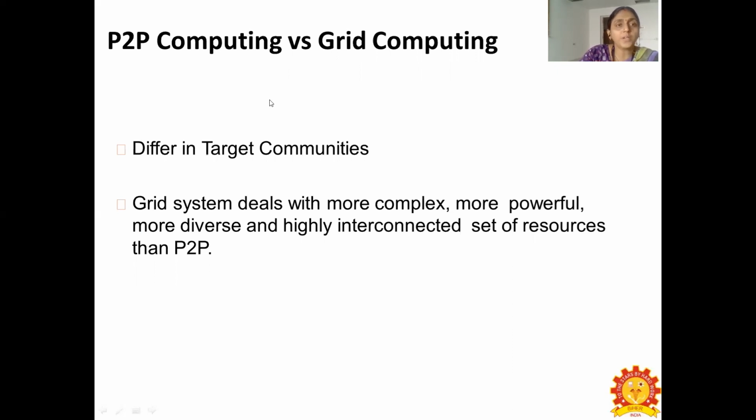But peer-to-peer computing will differ in the target communities. It will have limited networks in peer-to-peer computing. And grid systems deal with more complex, more powerful, more diverse and highly interconnected sets of resources than peer-to-peer networks.